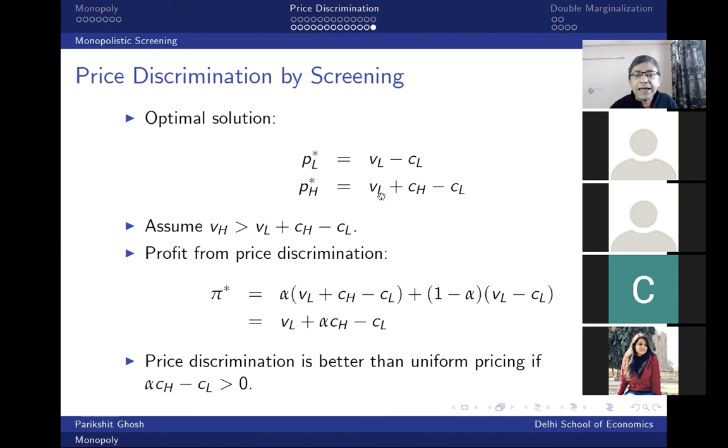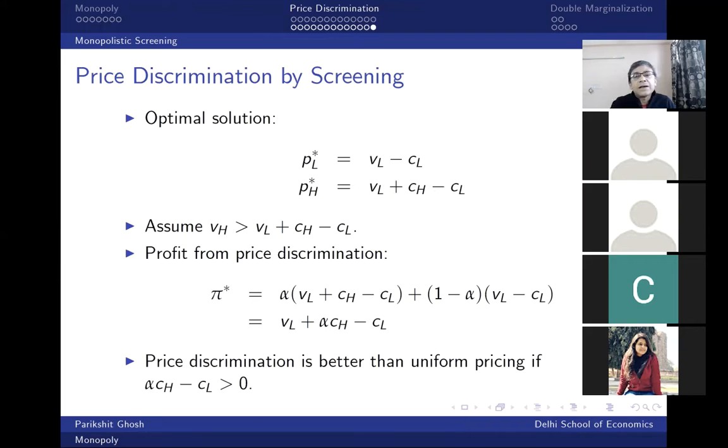They're being charged more than VL, but not as high as VH. In other words, the high value customers still retain some consumer surplus. They don't retain as much as would have been the case if the seller just adopted a simple one price strategy. Relative to that case, the consumer surplus gets reduced because the seller is being clever in extracting some of it. Nevertheless, the high value customers don't lose their entire consumer surplus.